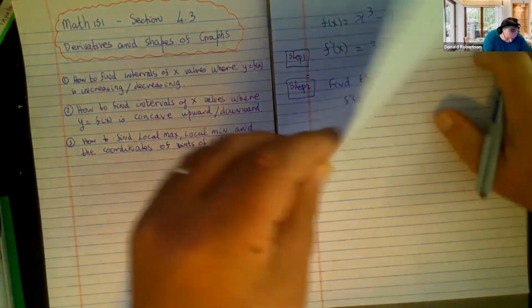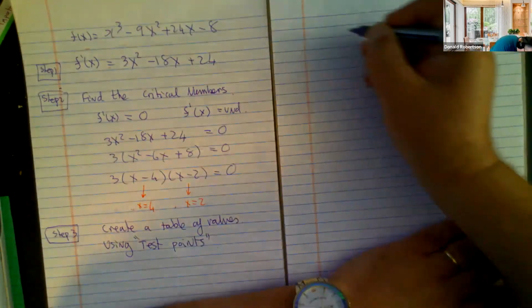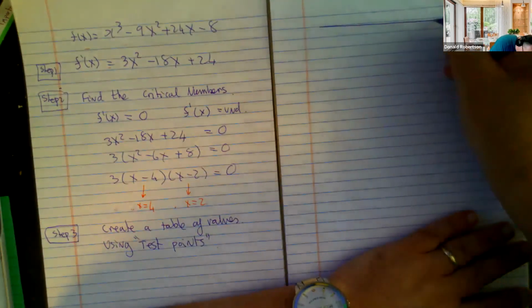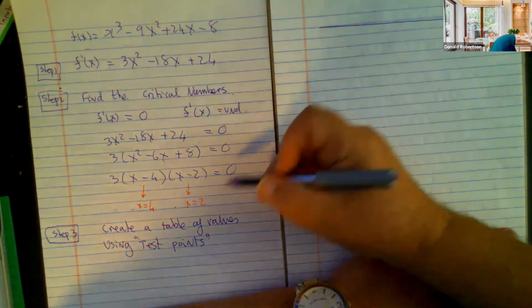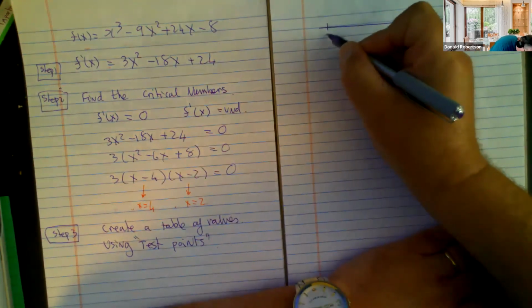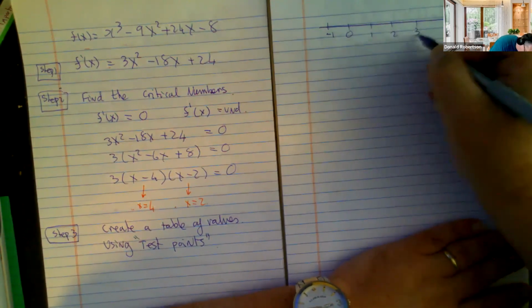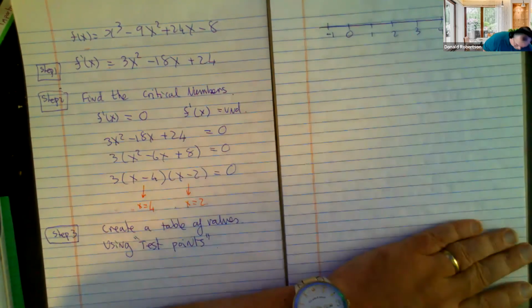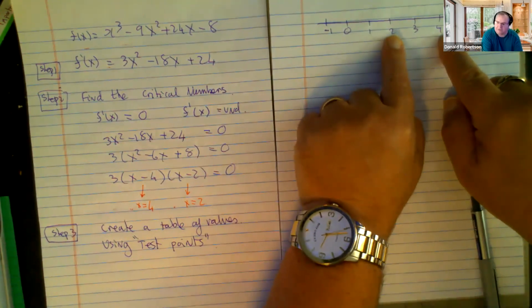I'll show you how that works. You draw a number line representing the x coordinates. In this case, I'm interested in 2 and 4, so I'll start over here, 0, 1, 2, 3, 4, at least. Make sure your number line has 2 and 4 in it and a few spare.